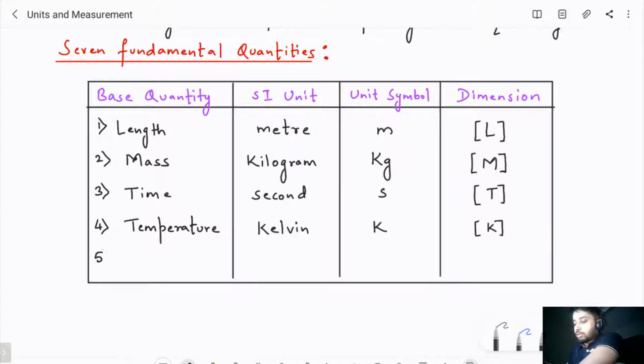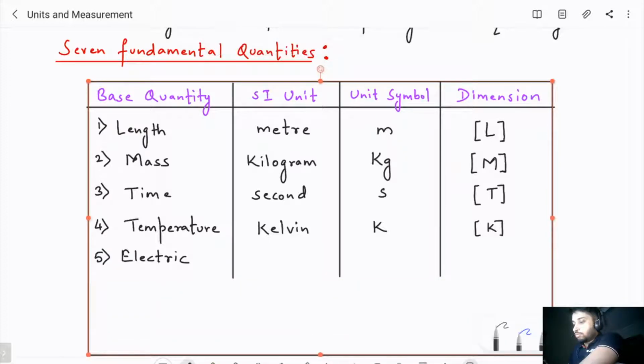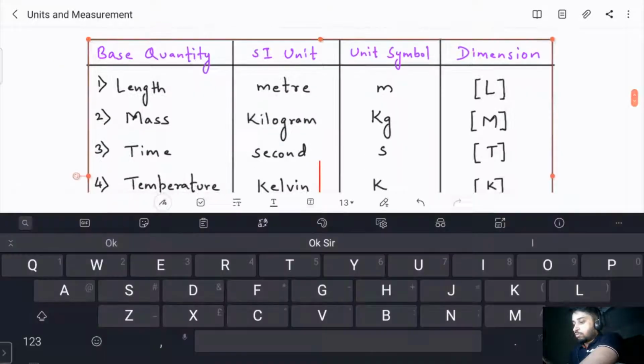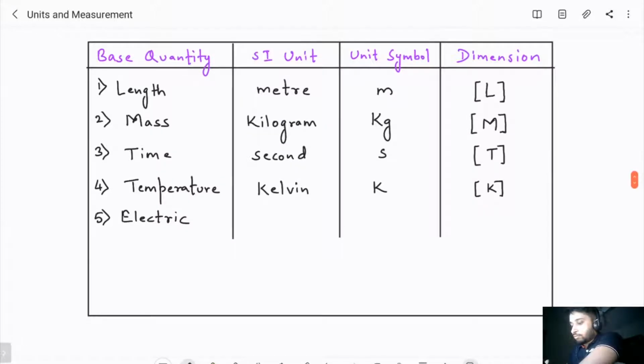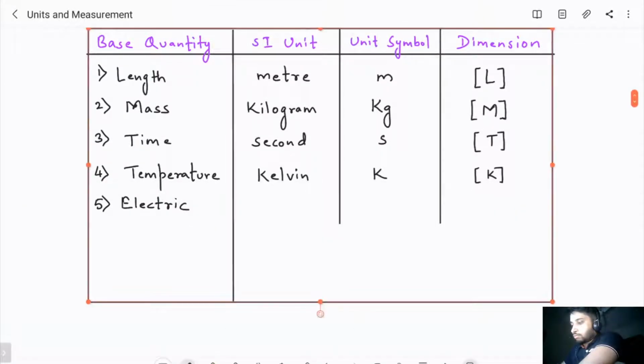Fifth one that we have is electric current. SI unit for electric current is ampere.